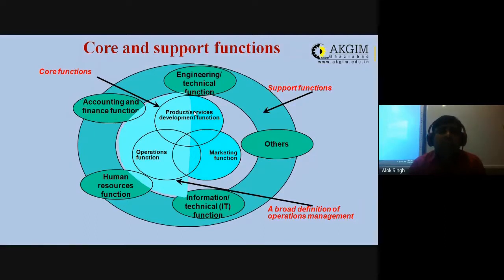They are continuously working on different types of products and opportunities that they may launch, conducting feasibility tests, and after that they communicate to their production plant to produce it on a large scale. So these are basically support functions, supporting the core activities. Core activities are: product or service development function, operations function, and marketing function.